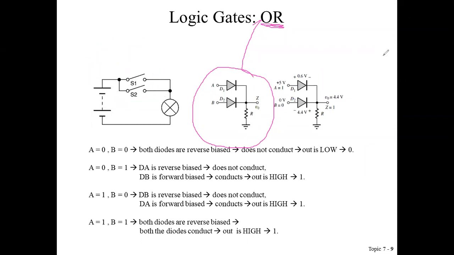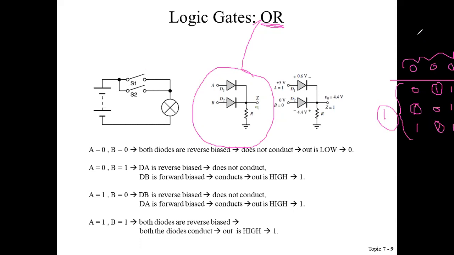That's all. And its truth table is also familiar to you. According to the inputs, if both inputs are 0, output will be 0. If any one of the inputs is 1, output will be 1. All inputs 1 also gives 1. So the truth table is just the opposite of the previous one. If any one of the inputs is 1, either here or here, output will be 1 or high. If all the applied inputs are 0, my output is equal to 0.